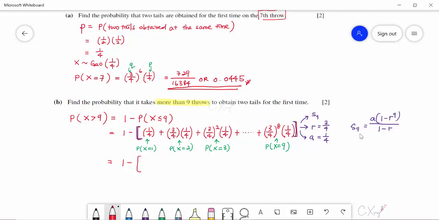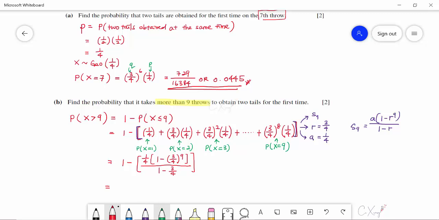So what should it be? a is 1/4, multiplied by (1 minus r^9), where r is 3/4, and we have to divide it by 1 minus r. So 1 minus r will be 1 minus 3/4.